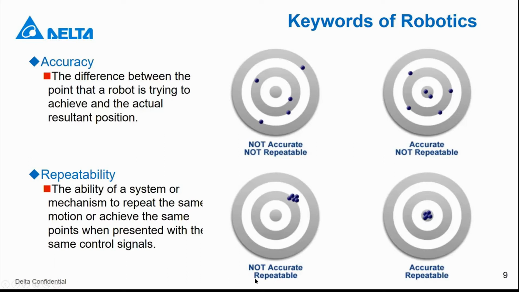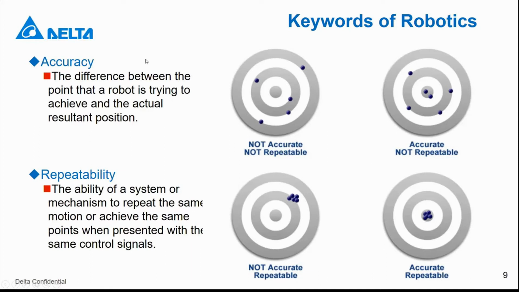So we say this is repeatable because the robot can always go to the same point. In the last picture, you can see all the dots are on the target, and every time they land on the target. So we will say this robot is accurate and also repeatable.